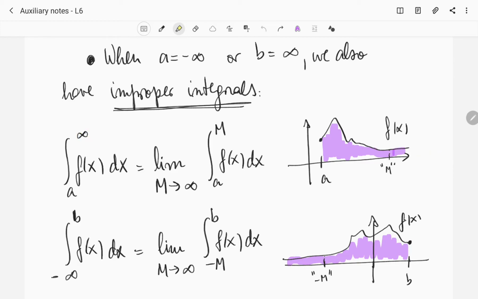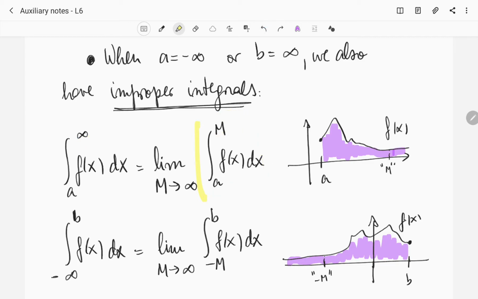So this integral for a positive function, for example, means that we are computing this area under the graph of f from a to forever, to infinity. And this is the definition. So we cut at a certain m, but then since we want the value going to infinity, that means that we add this limit here in front.